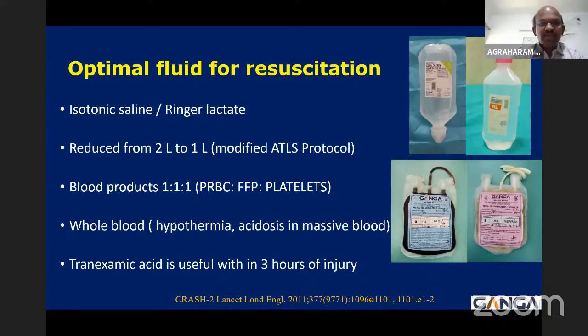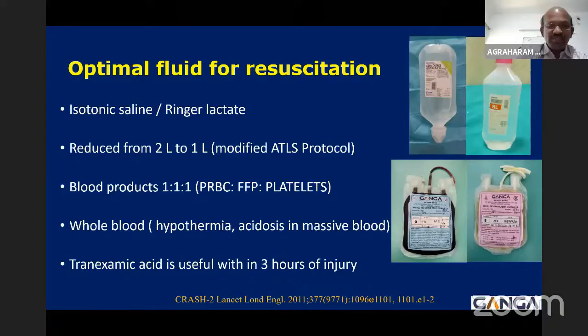We need to give up to 1 liter of bolus dose, and according to the modified ATLS protocol, this is followed by more blood products like packed red blood cells, FFP, and platelets in a 1:1:1 ratio. We need to concentrate on blood products, and we should not push too much saline or ringer lactate.